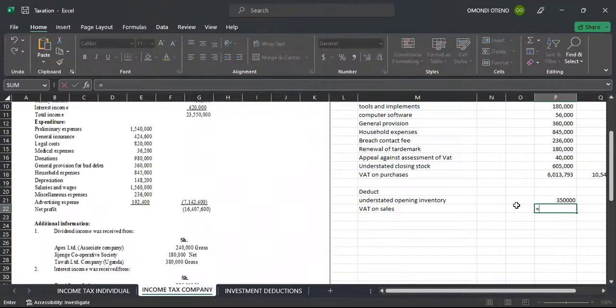We simply take our 16%, divide by the total value given, which represents 116%, and multiply by 64 million.